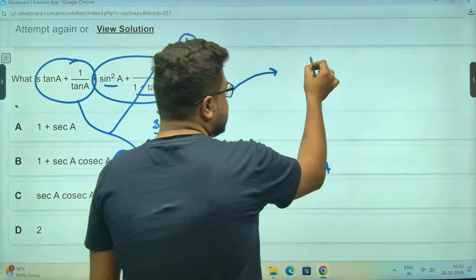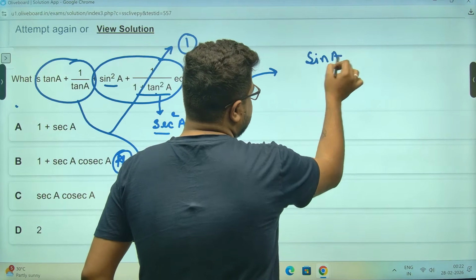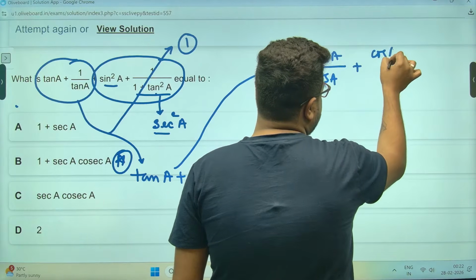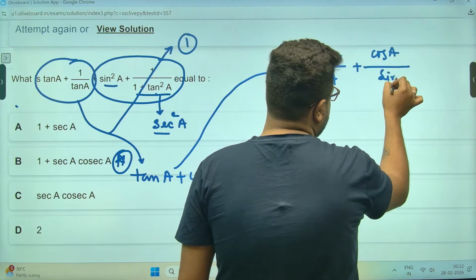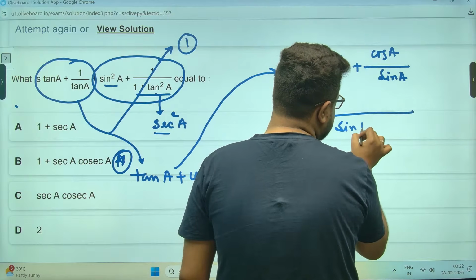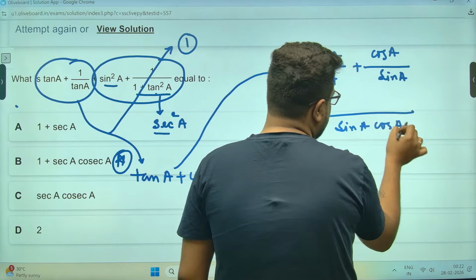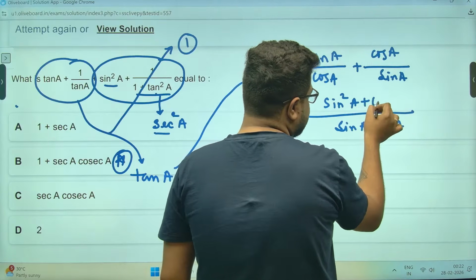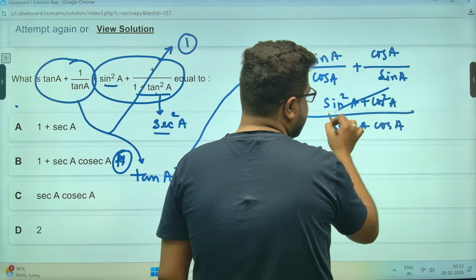If you don't know, tan a means sin a by cos a, and cot a means cos a by sin a. Take the LCM, it becomes sin a cos a, and the numerator by cross multiplication becomes sin square a plus cos square a, which is 1.